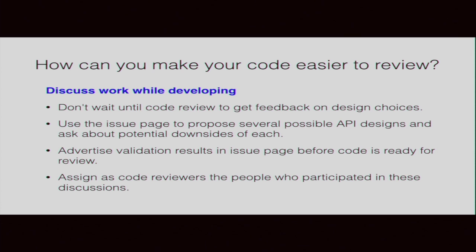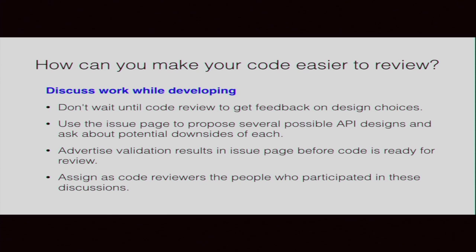Okay, and this is one that Robert suggested. Discuss your work while you're developing or before you develop. This is important. Don't wait until the code review to get feedback, right? Definitely, GitHub issues make this very easy. As you're going, you can say, I ran into this weird thing, I'm getting this, anybody have ideas about that?